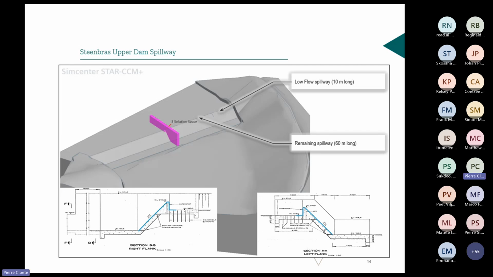Also, because the low flow spillway and the remaining main spillway profile were exactly the same, just with a 50 millimeter offset, we could still do one unit width section to determine the relationship for the flow rate versus the flow depth, and then multiply that by the entire length of the spillway, and also make a small adjustment for the 50 mil drop for the low flow spillway.